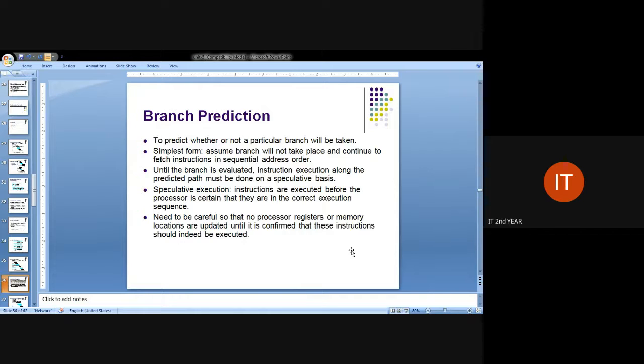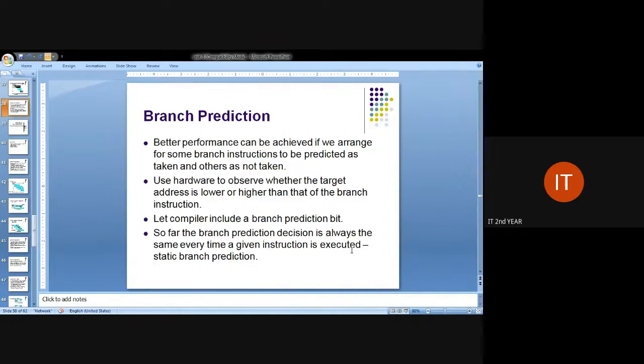Until the branch is evaluated, the instruction execution along the previously predicted path must be done on a speculative basis, that is, the instructions are executed before it is certain they should be executed. So branch prediction plays a very important role in this kind of instruction hazard.